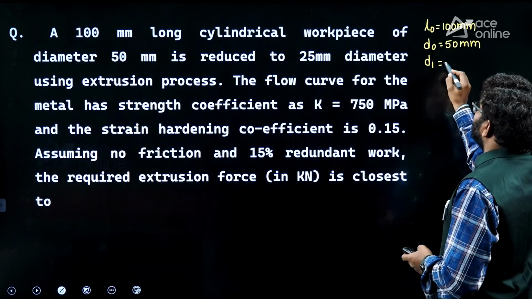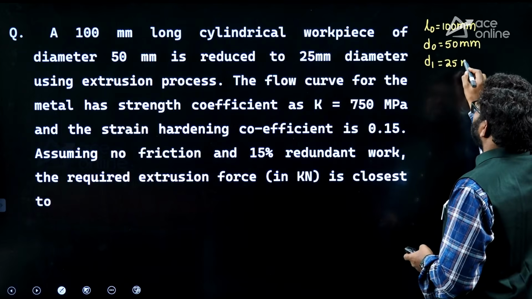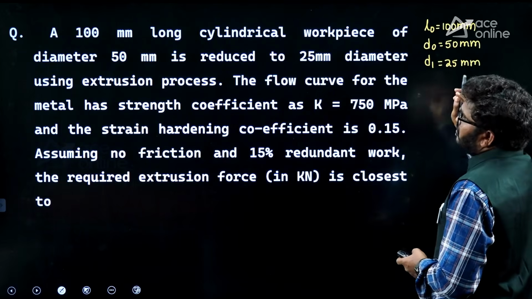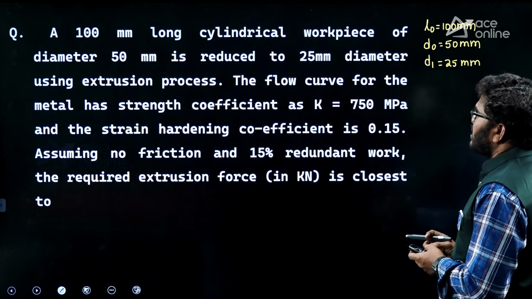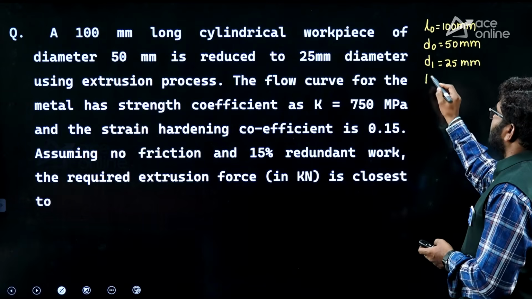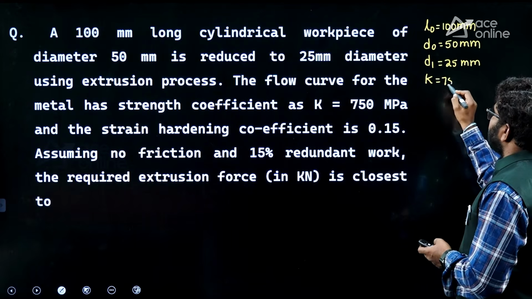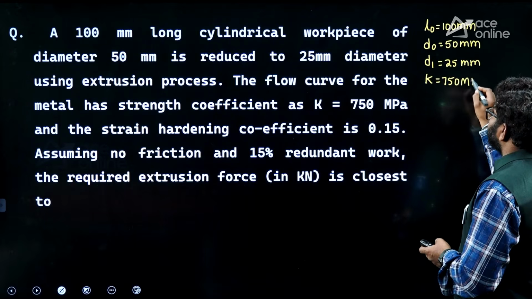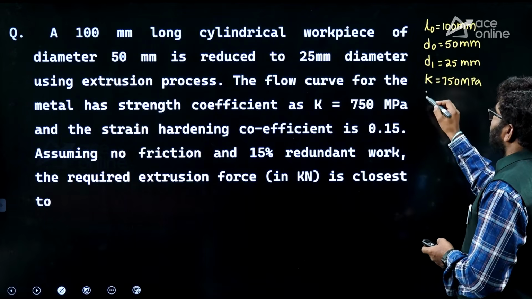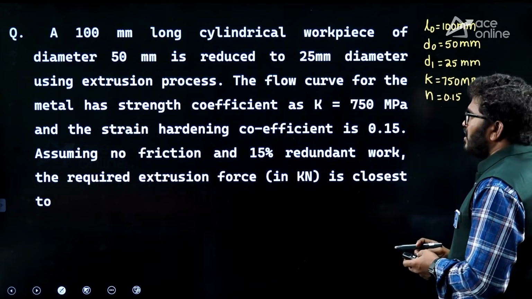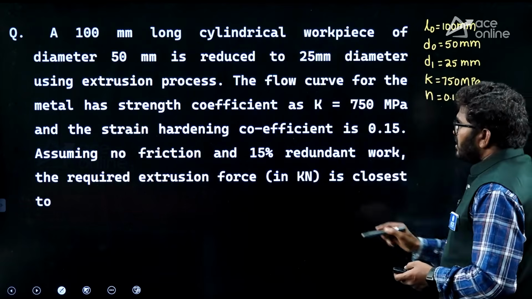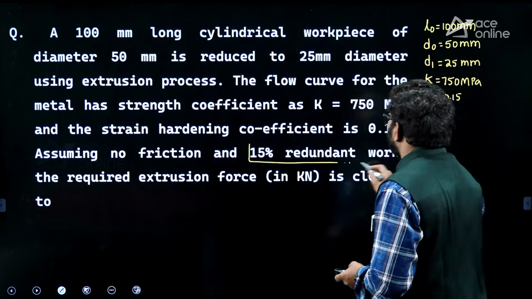So, D0 is equal to 50 mm, D1 is equal to 25 mm. The flow curve for the metal has a strength coefficient K equal to 750 megapascal and strain hardening coefficient n is 0.15, right?